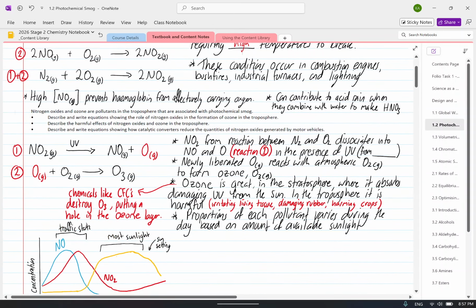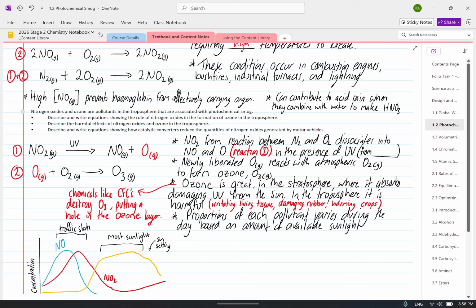Now, if we go to the next section, this one is talking again about nitrogen oxides as well as ozone as being pollutants in the troposphere that are associated with photochemical smog. Now, the troposphere is the part of the atmosphere that is closest to the surface, so the one that we exist in.